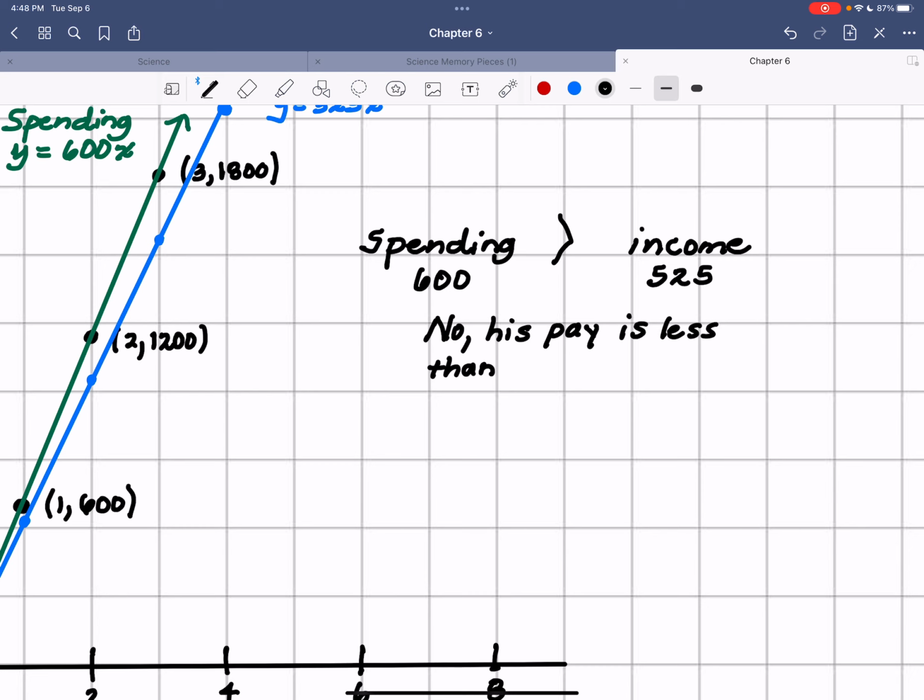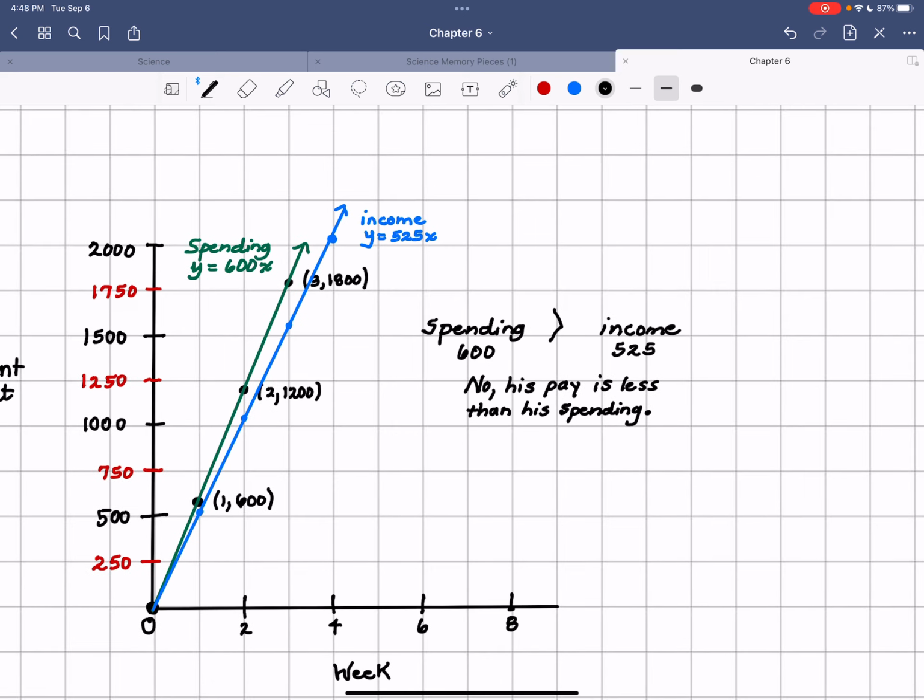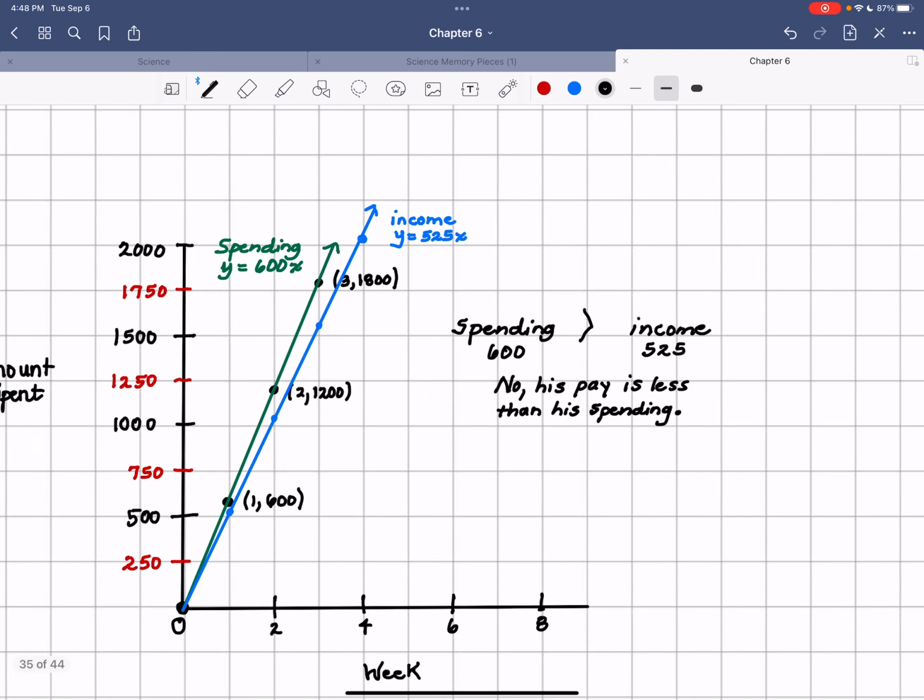And if that pattern continues, Dean will be in trouble. Ideally, you want it to be the opposite. You want your spending to be the smaller slope and your income to be higher.